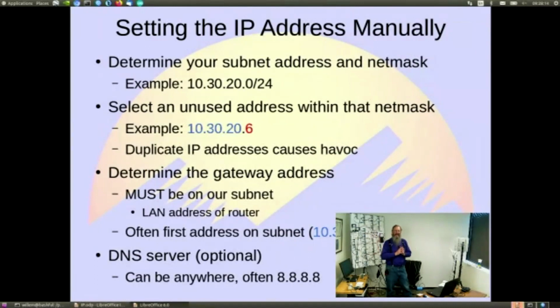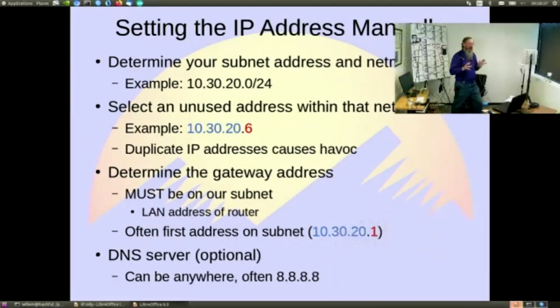And I can use any address on that space except for 0 and 255. So let's say I want to be .6, which is a DNS device. What I need to do is pick any address within that address space and then assign it as the IP address for my device.